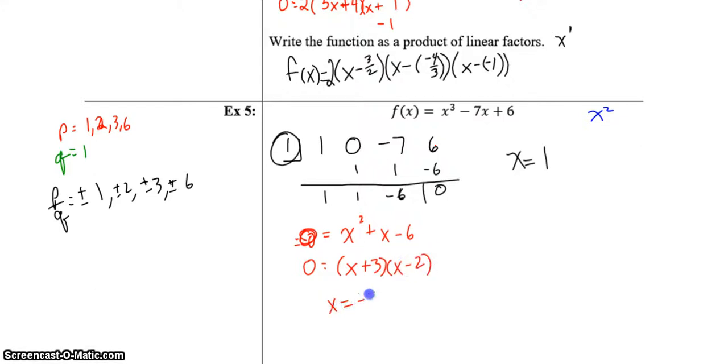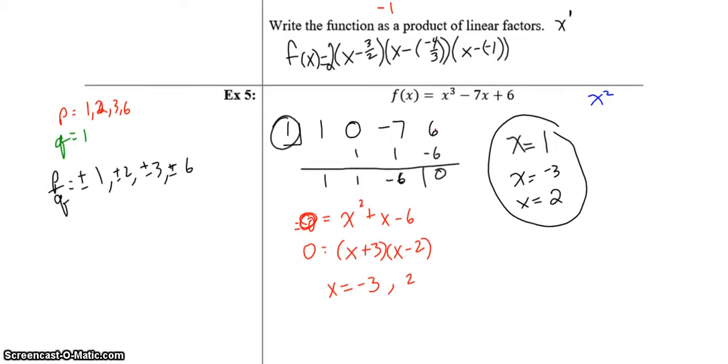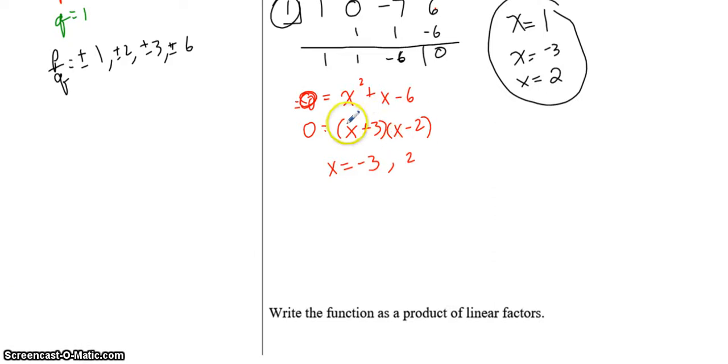For the zeros of those. Three zeros. You're going to get 3 zeros because you're going to have x cubed. Now, linear factors. Notice up here in the quadratic, when you can factor it, you've already got some linear factors. That's x to the first.